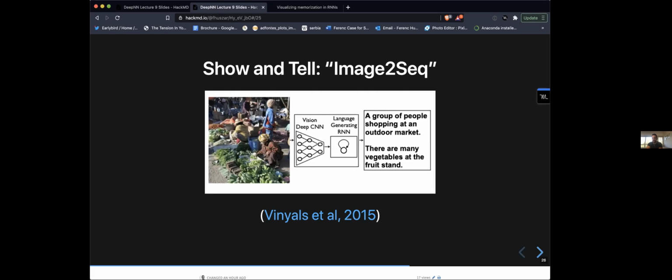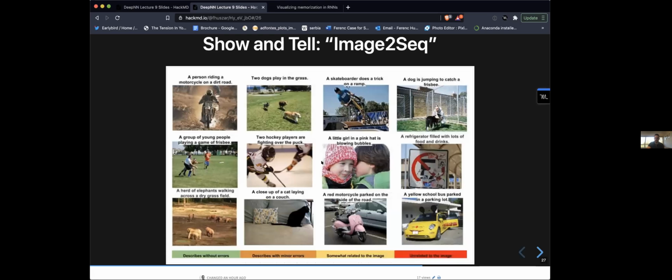And this network is trained to produce descriptions of images. So for example, a group of people shopping at an outdoor market. And this is a relatively old paper, but it worked surprisingly well, especially at the time. So you can see that although it makes some mistakes, like this traffic sign, it thinks that it's a refrigerator filled with lots of food and drinks.